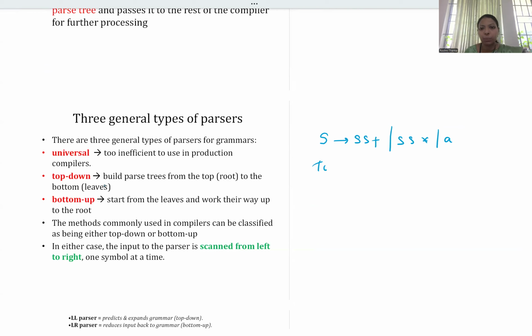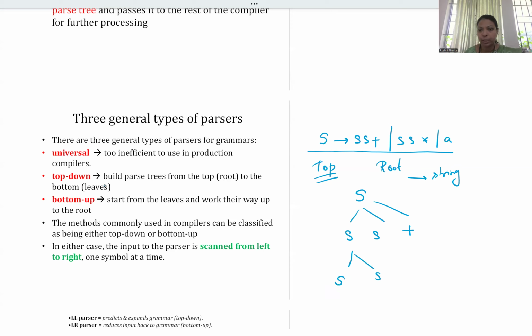So what happens in top-down parsing is, top-down parsing is from the top. So let us take from the root. It starts from the root and then it goes to the string, the output. For example, these are the productions of the context-free grammar. If I start with S, the starting symbol, then this S can be derived into S plus S. And then this S can also be derived into S star S, from this production.